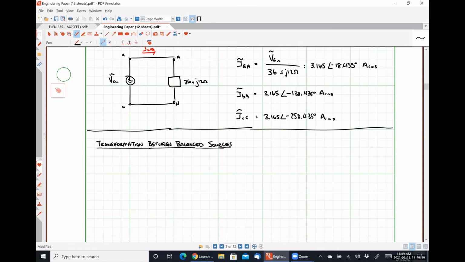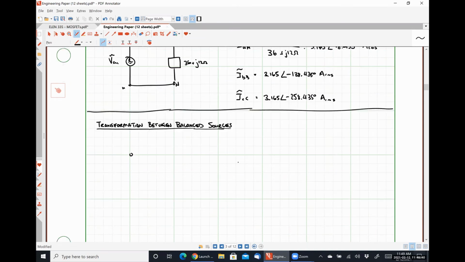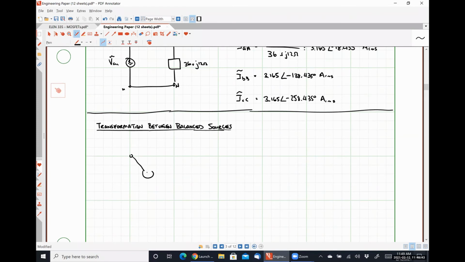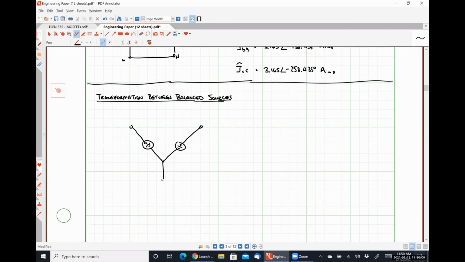All right, so if we have a Y connected voltage source, let's call this guy A, B, C, and neutral, which makes this voltage VAN, this voltage VBN, and this voltage VCN.